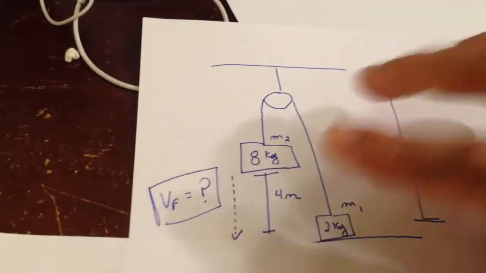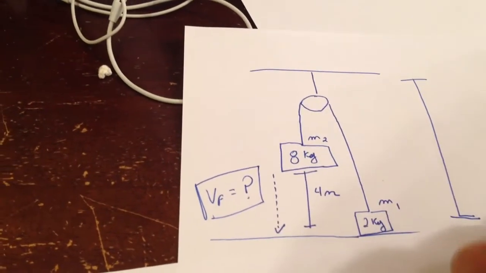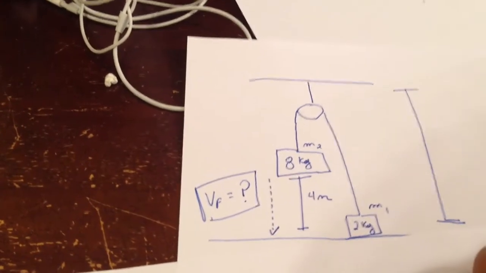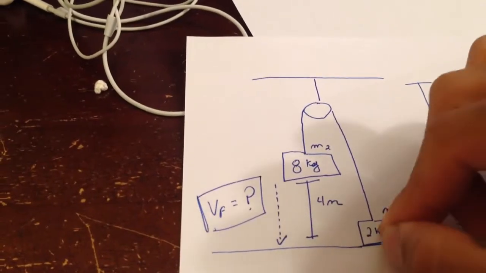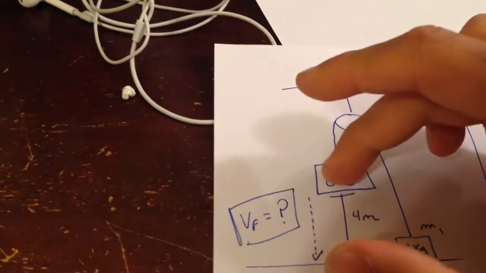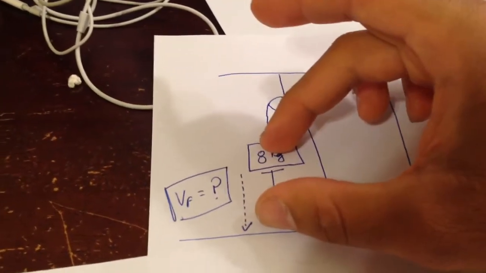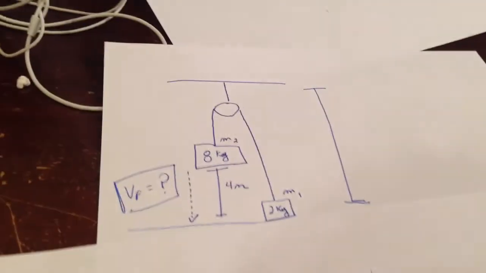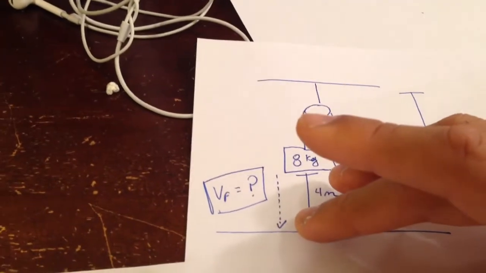the problem goes like this. You have a pulley, and this mass is 8 kilograms, and this mass is 2 kilograms. There's M1 and M2, and this mass pulls the second mass 4 meters up high, and your friend smacks it, and this weight just flies and this just goes down so quick.